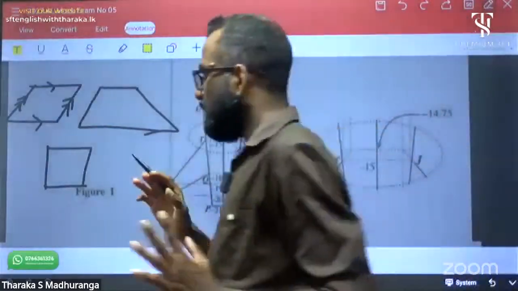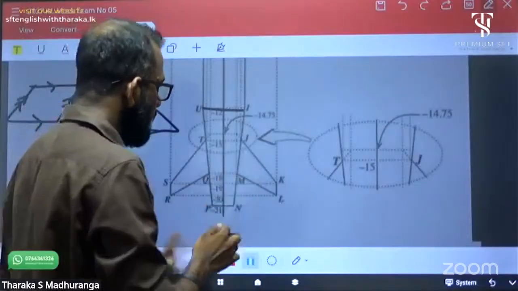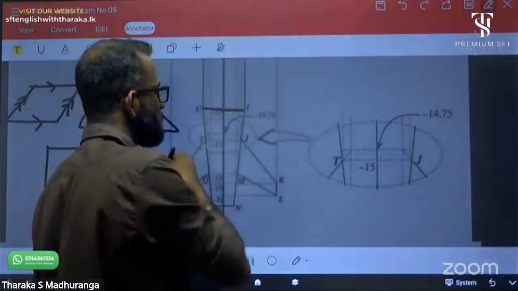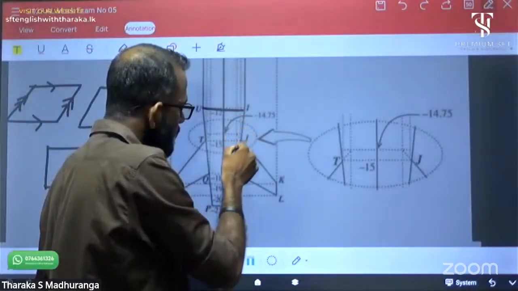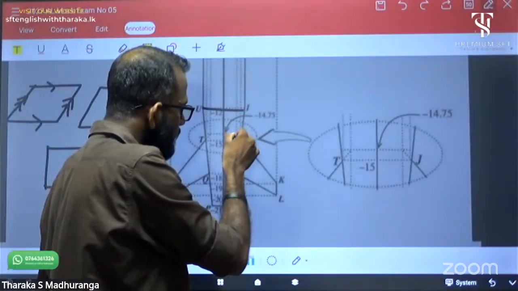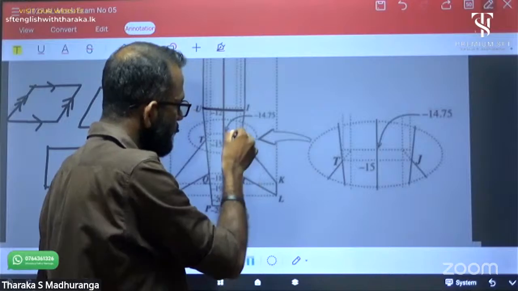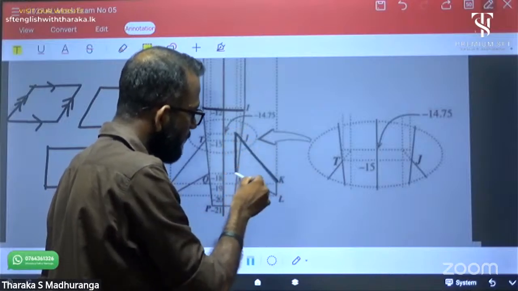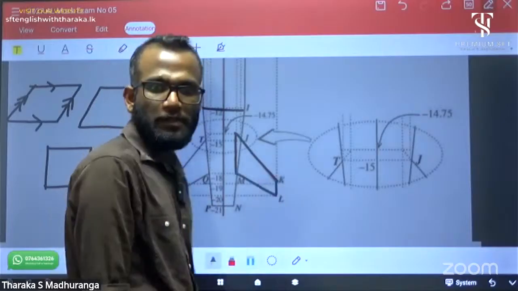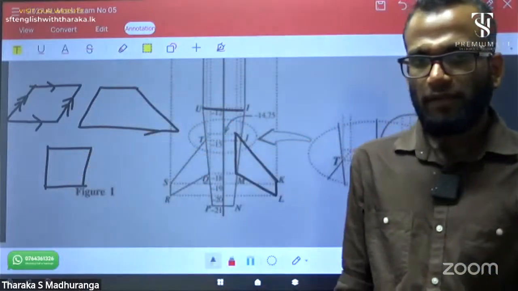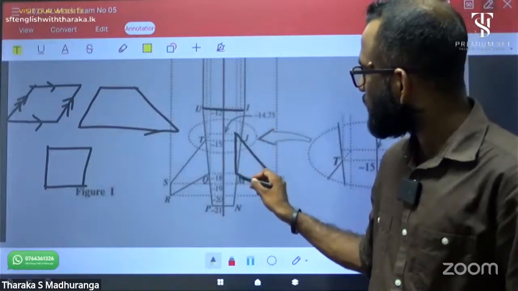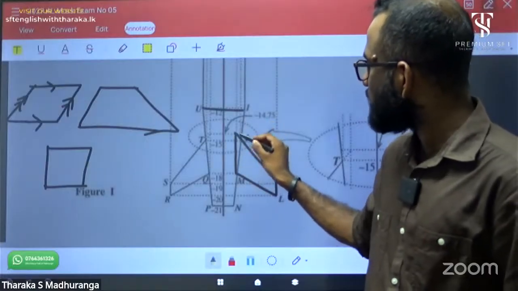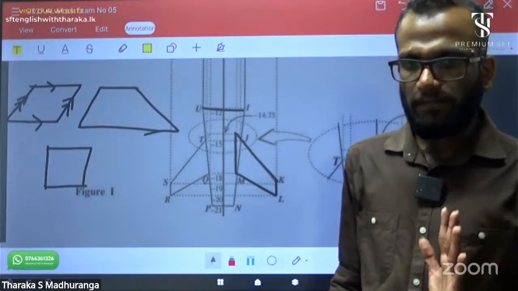But if I draw another line like this, this is a trapezium. If you add a small triangle part additionally, it becomes a trapezium.